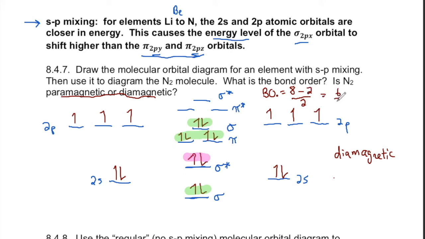We get 6 over 2, which is 3. So this reflects the fact that we usually draw nitrogen as having a triple bond, and then the diamagnetic is supportive of the videos that are posted on Canvas showing that the liquid nitrogen is not attracted to a magnet, but the oxygen is.